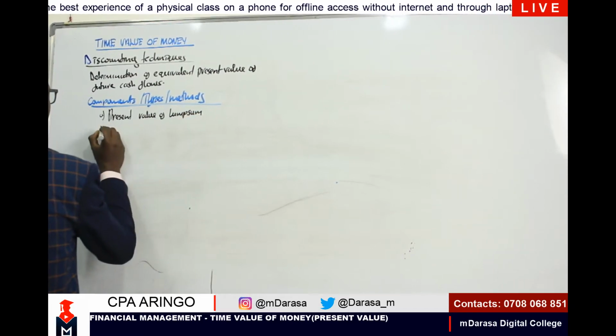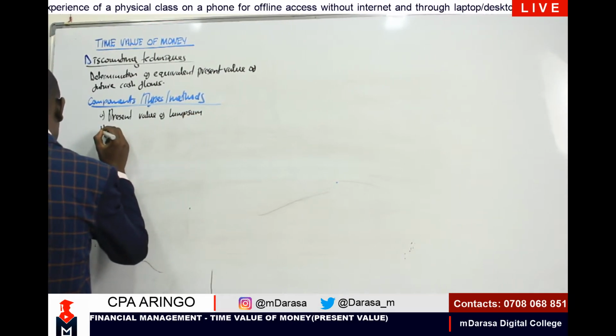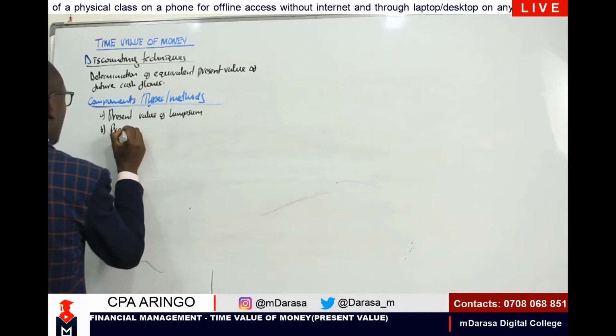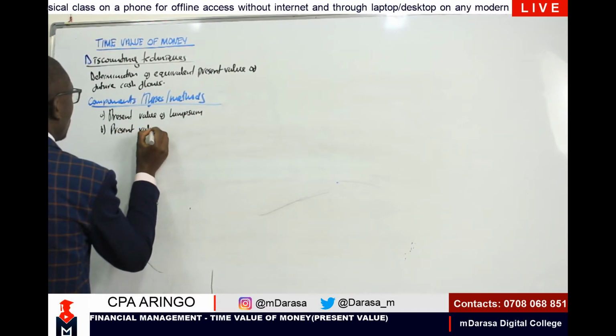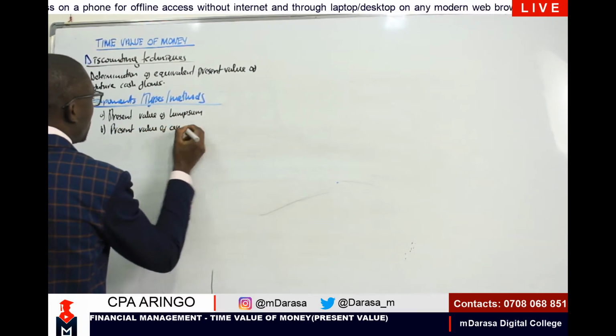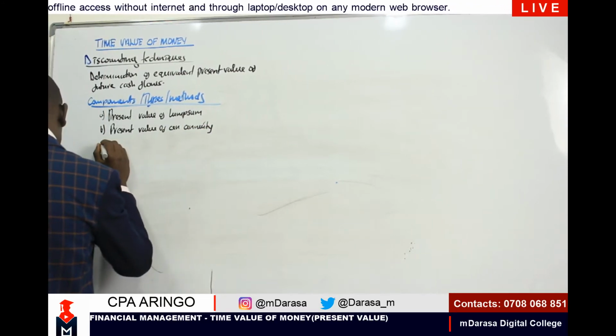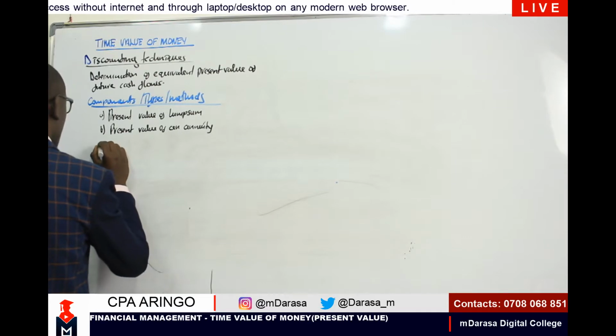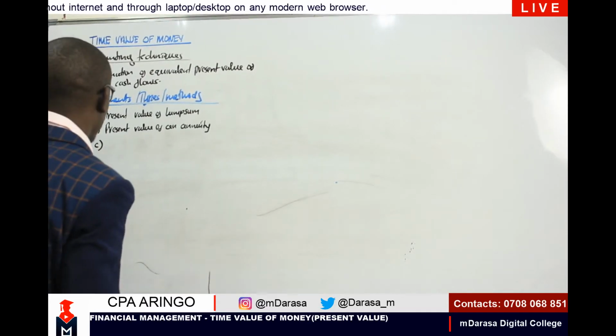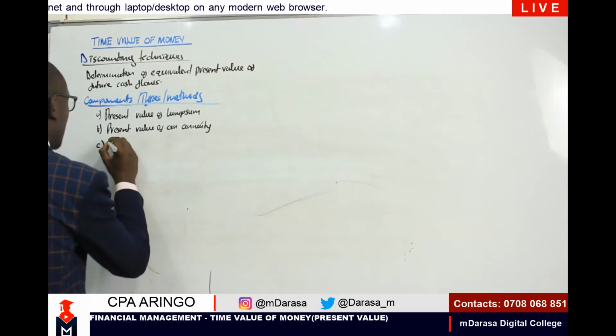Number two, or B, is the present value of an annuity. And in this case, we are going to introduce the one which we didn't look at in our last class.